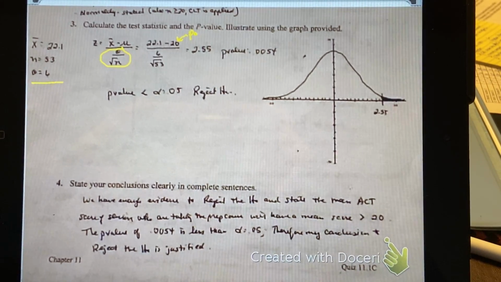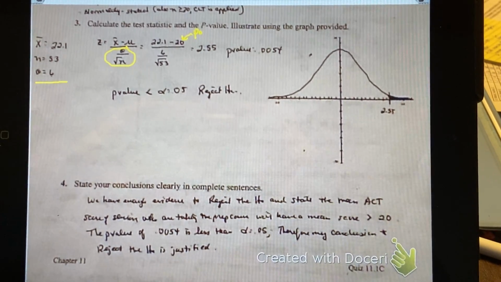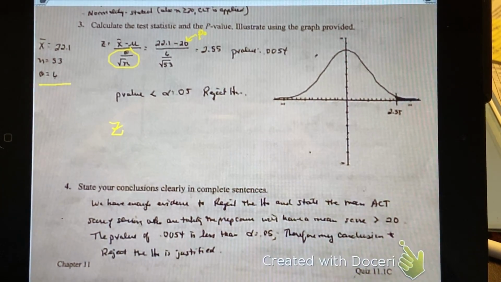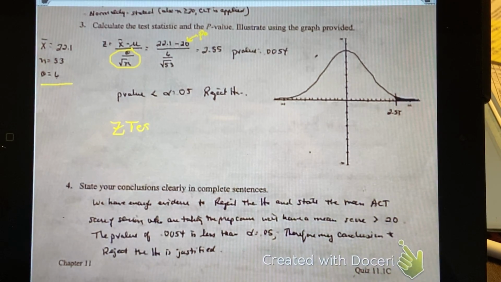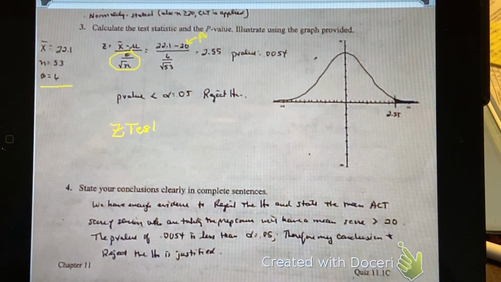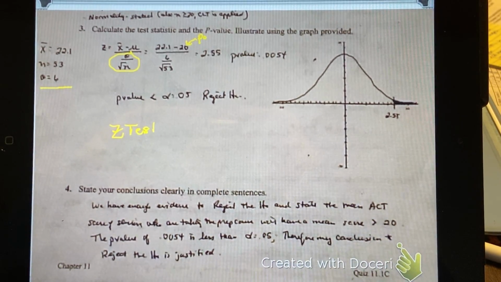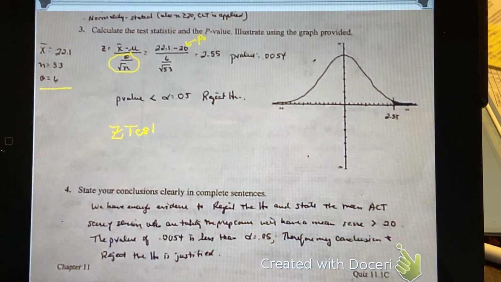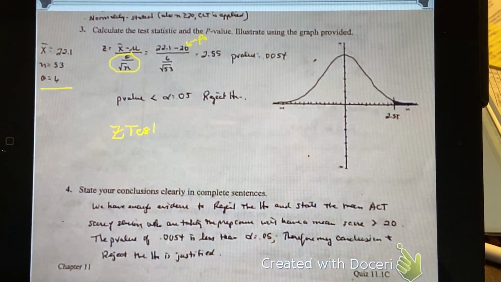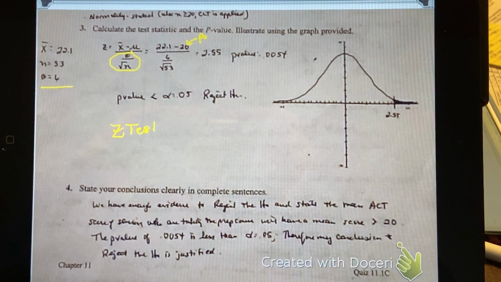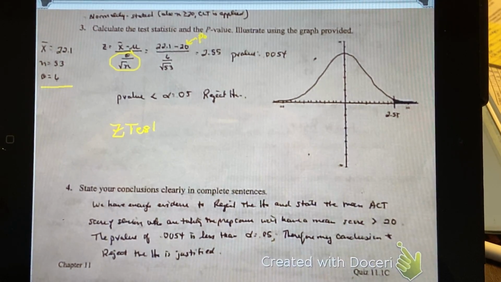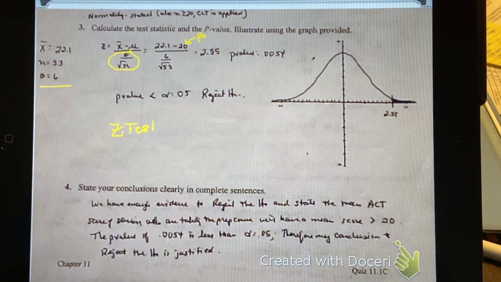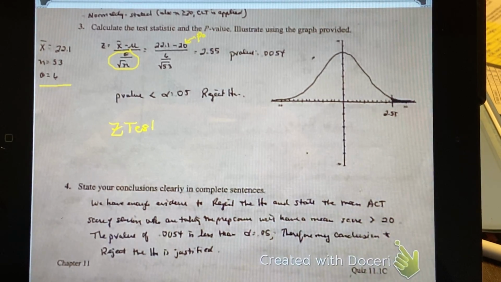Now, you can go to your calculator and enter it in. It's called Z test. So if you go to your calculator and go to tests, it's number 1 on the list. And so you're just going to enter in your stats. So I'm going to enter in 20. Sigma was 6.